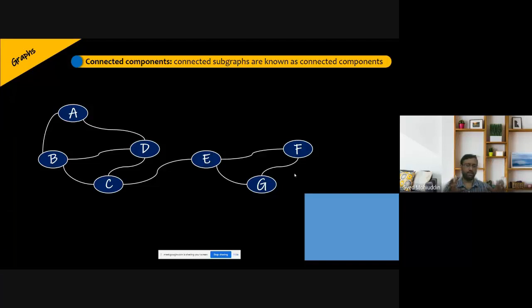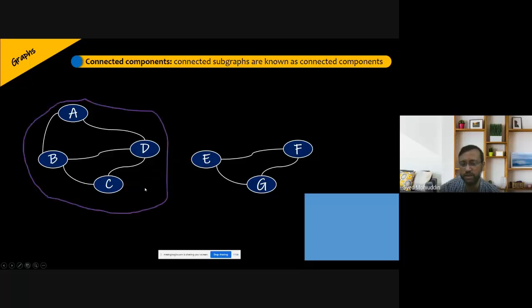And in this case, if I just consider E, F, and G of this whole graph, that will be a subgraph. Now, connected components are nothing but connected subgraphs. For example, here, this edge which is connecting vertex C to vertex E is the only edge connecting 2 components actually.